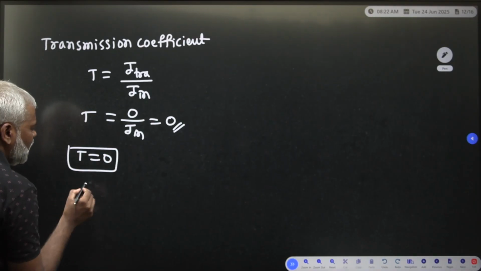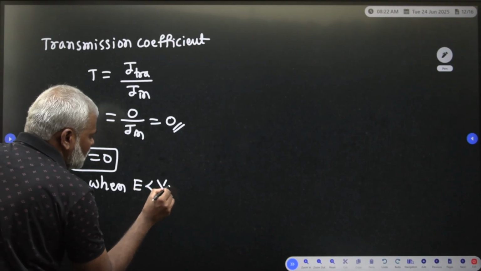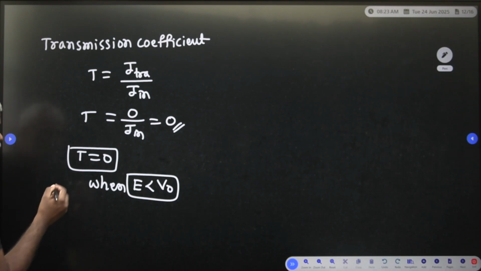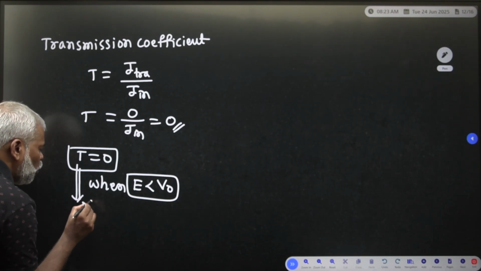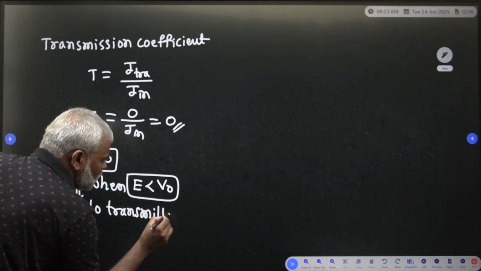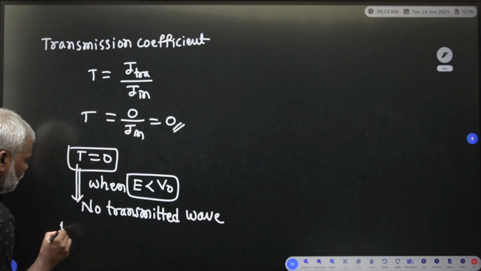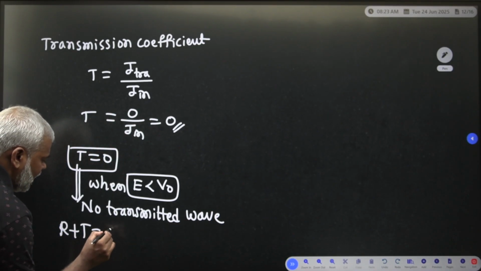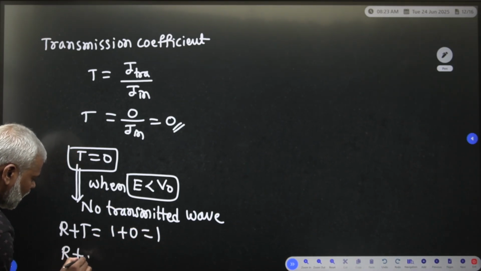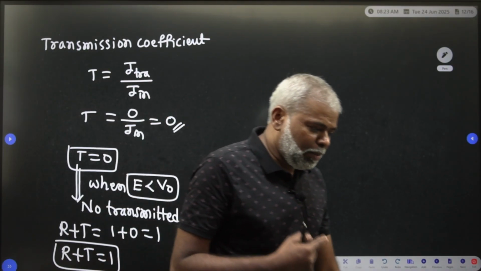When E is less than V naught, theoretically the transmitted flux is equal to 0, which means no transmitted wave exists. So R plus T is equal to how much? 1 plus 0 is equal to 1. R plus T remains 1.